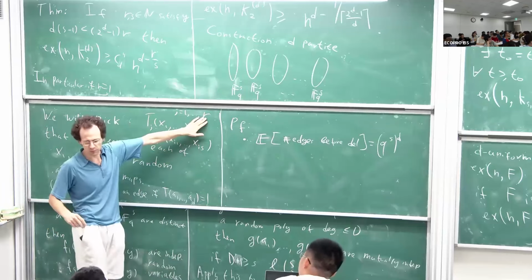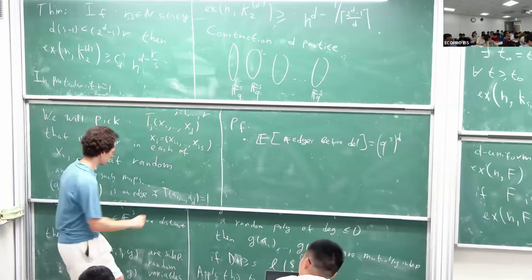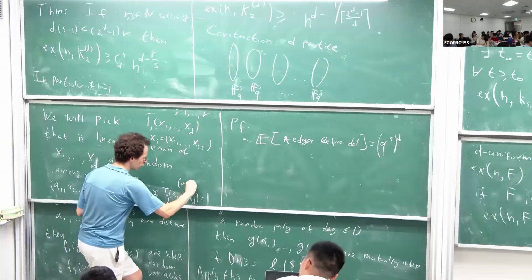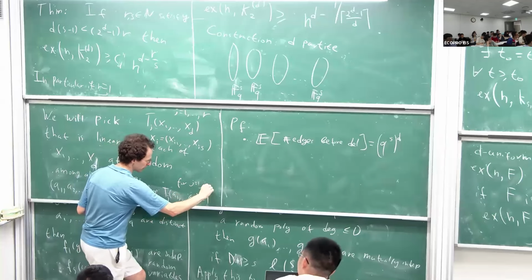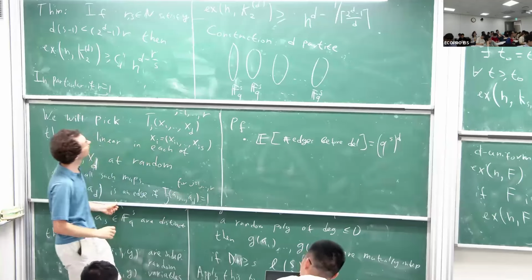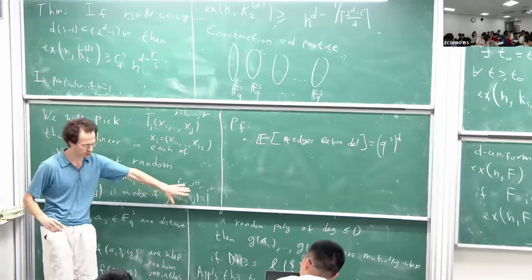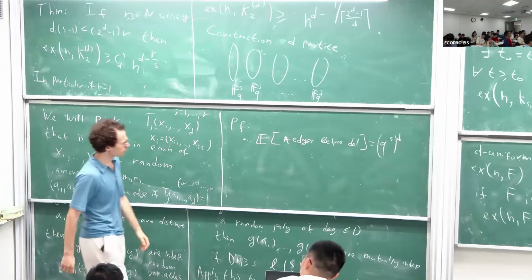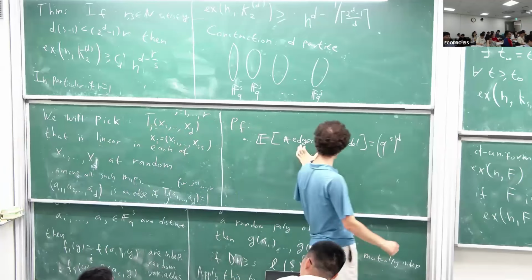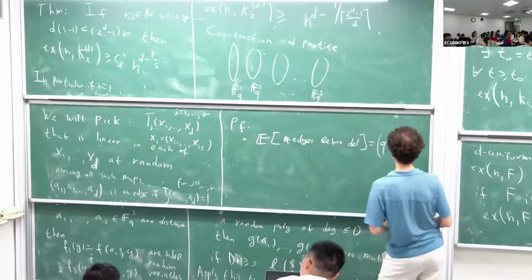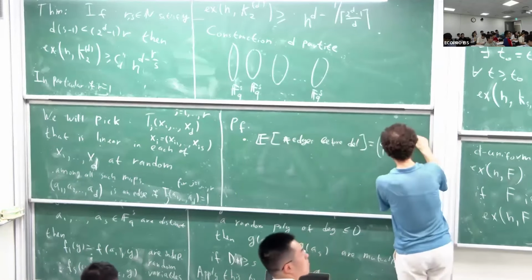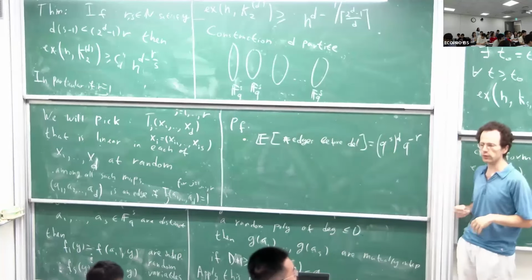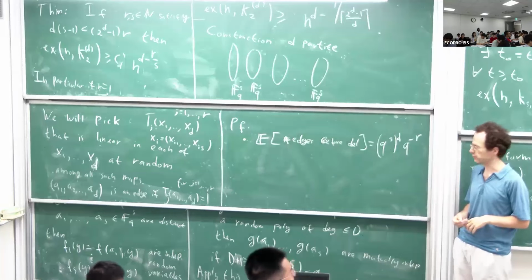More generally, we can pick r of them, and all of this must be true in the general case. But again, if you just want to think about a single equation, it's not going to make a difference. So the probability that a given tuple is an edge is going to be the probability that each of these guys vanishes, 1 over q, so 1 over q to the power minus.